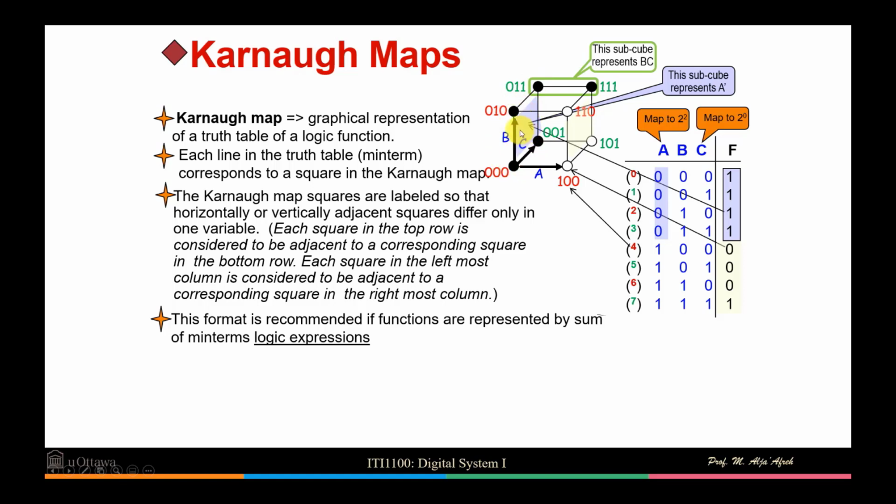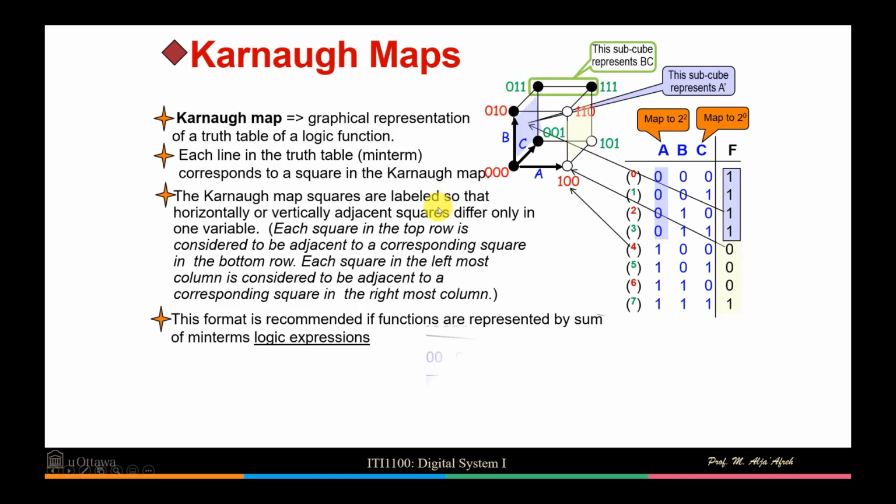And that rectangle will represent what? A prime. Whereas these 2 points can be grouped in a line, and that line can be further labeled by BC. What's not changing here, guys, is just BC, okay?